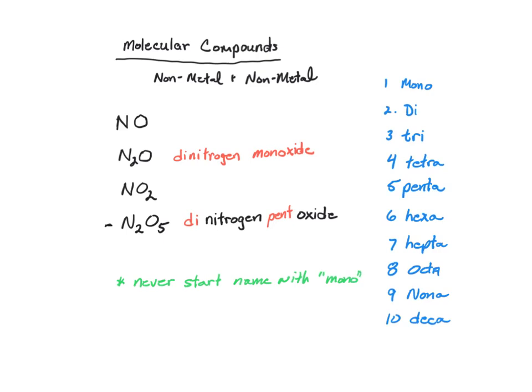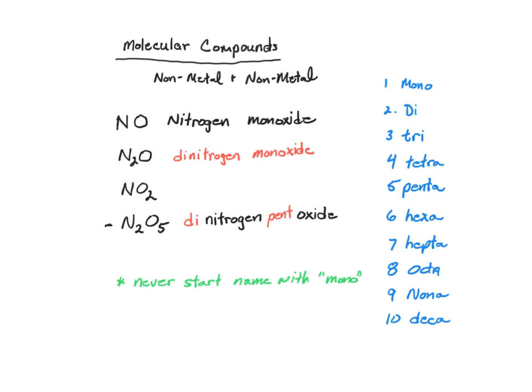So for the first example, NO, we might want to call this mononitrogen monoxide, but because of this rule, we can't. We call this nitrogen monoxide. So we use the mono prefix for the oxide, but not for the nitrogen.